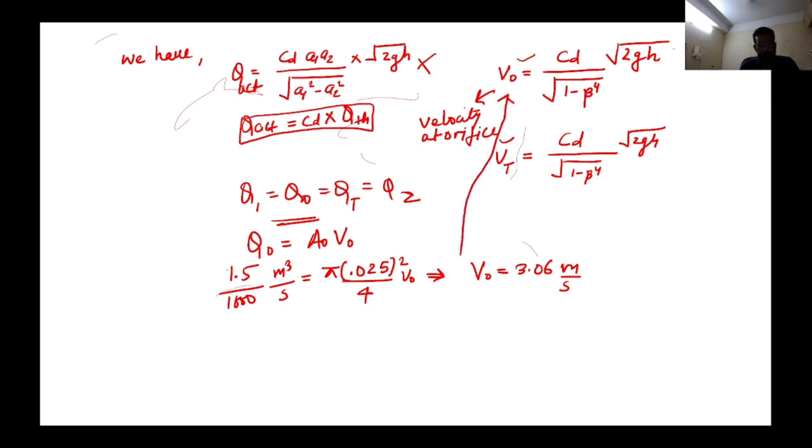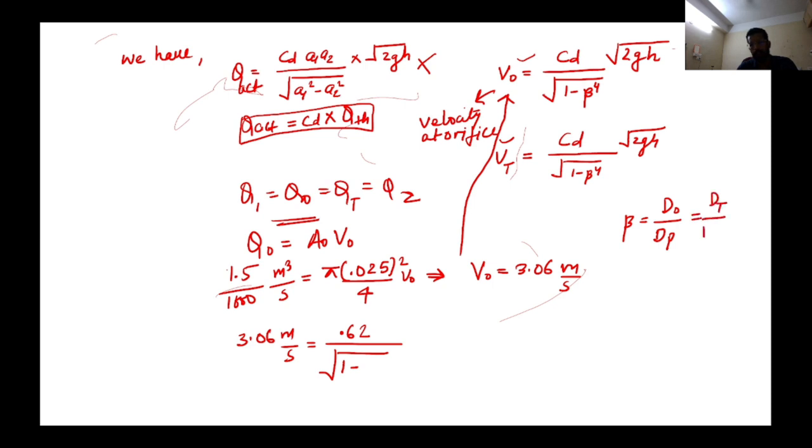So we'll get 3.06 meter per second is equal to CD, 0.62, upon under root 1 minus beta to the power 4. Beta is nothing but the ratio of diameter of orifice upon diameter of pipe in case of orifice meter, and diameter of throat upon diameter of pipe in case of venturi meter.